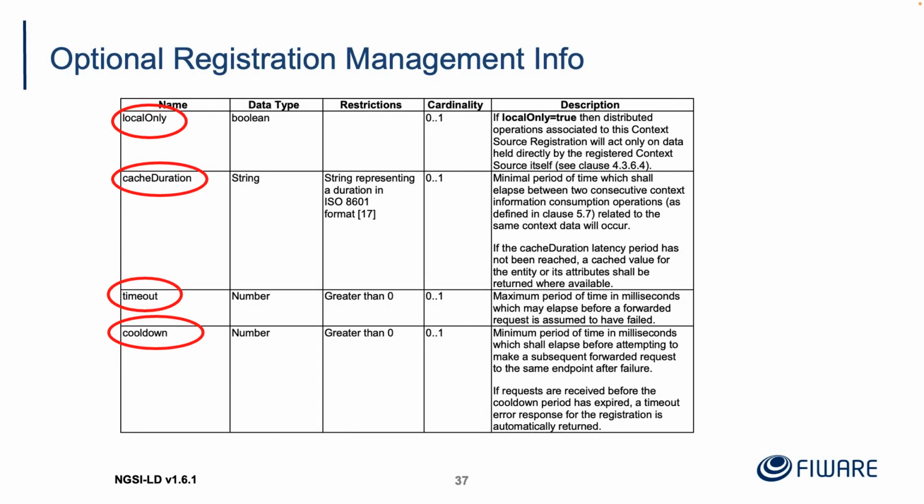So if you didn't get back to me last time, I'm not going to even bother trying to request information from you again until the cooldown has occurred, or potentially you've got a slow connection. I'm going to wait for X milliseconds to see if you're online, and you're going to get data. Obviously, you don't want to set the timeout too high because it means that your context broker won't be able to respond before that timeout has occurred.